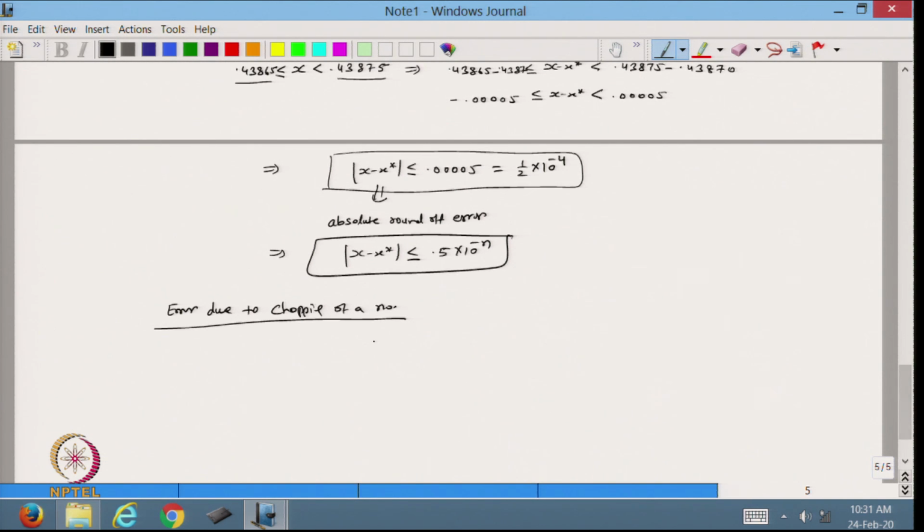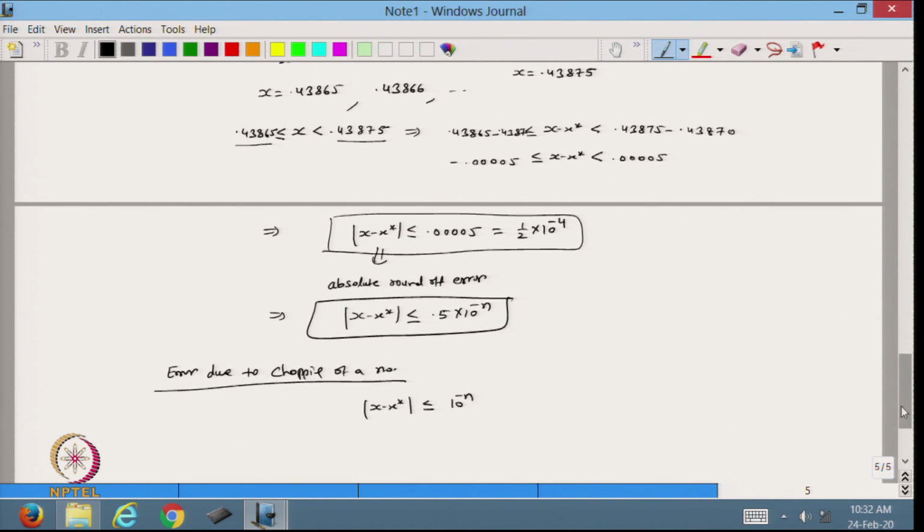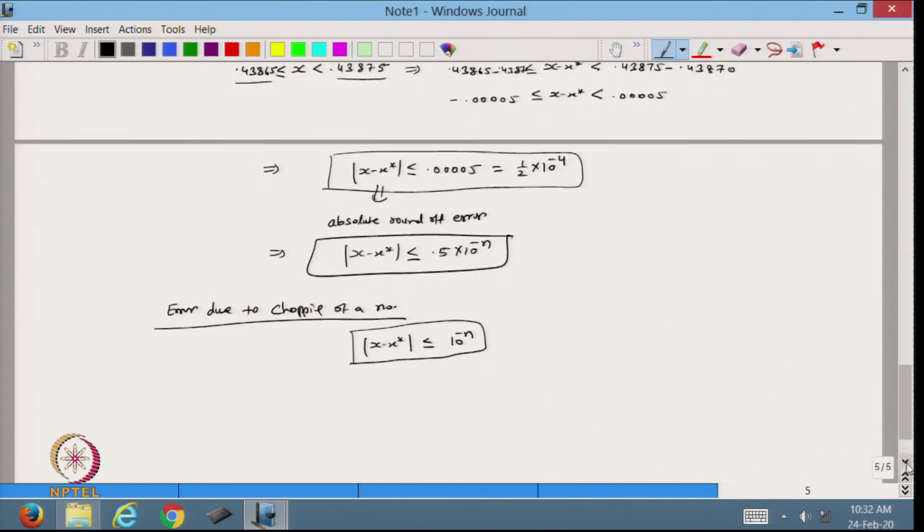So, in this case, my x minus x star will be always less than 10 raised to power minus n, because 0.5 will not come, because we are not increasing the number by one digit. So, in this case, my chopping error will be this one. That is the error due to the chopping of a number.